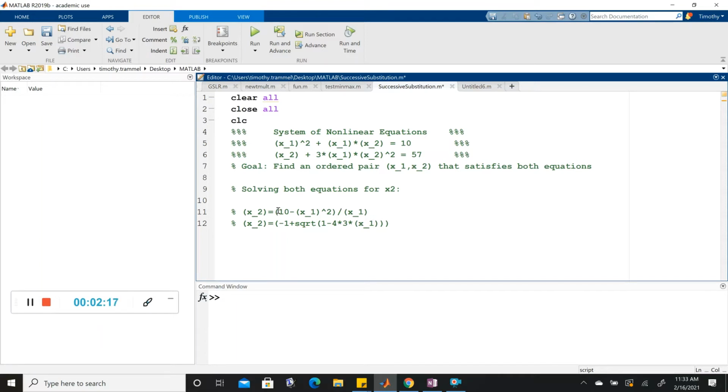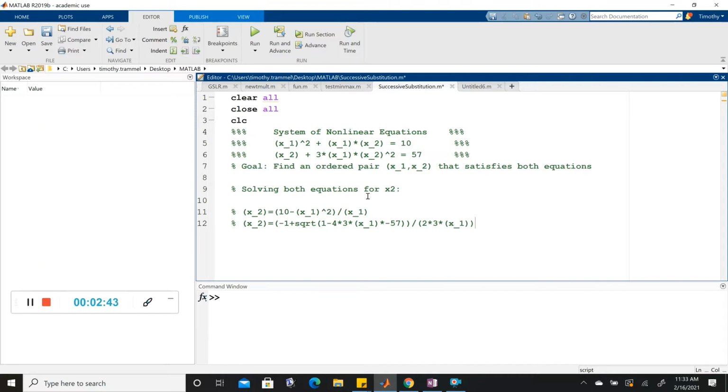So we have 1 minus 4, then we have a, and then the last thing we need is c, times negative 57. And then this is all over 2 times a, which is 3 times x1.